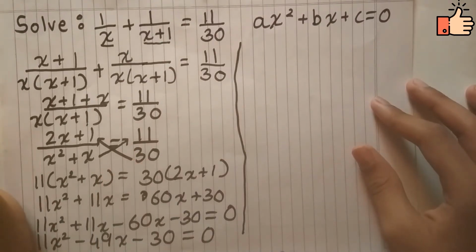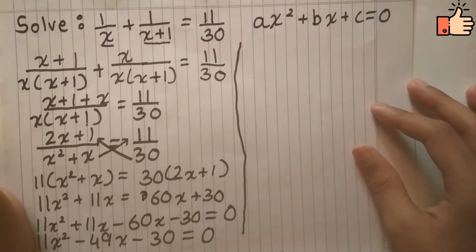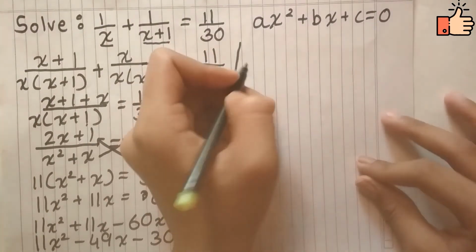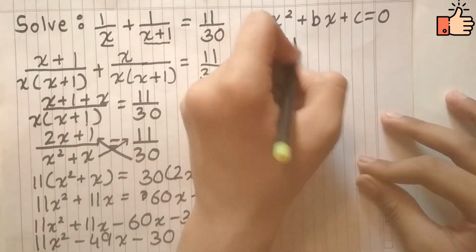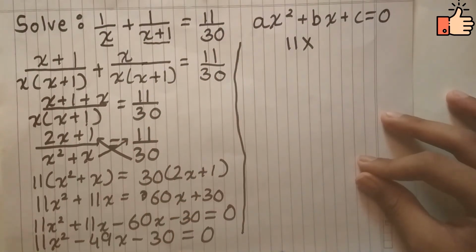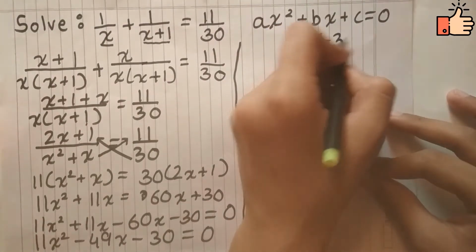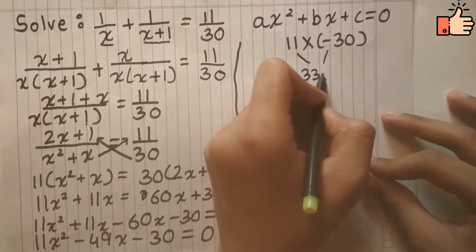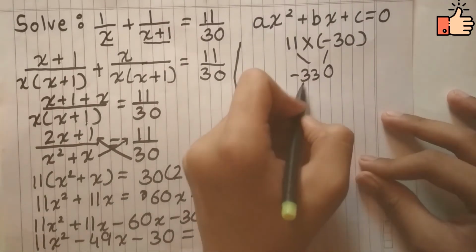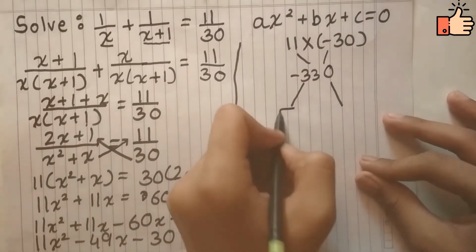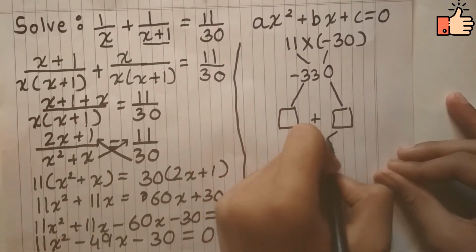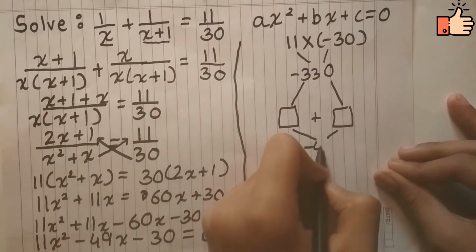We have got this into the standard form, so we'll solve it using the factorization method. So first we'll multiply 11 into minus 30, so that is minus 330. Now which two factors of minus 330 give a sum of minus 49?